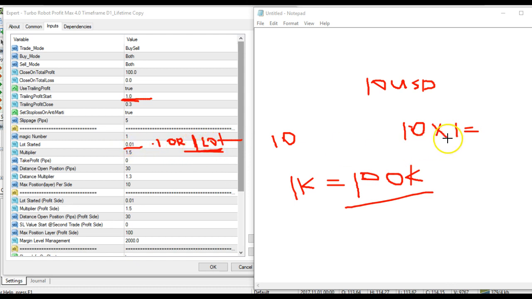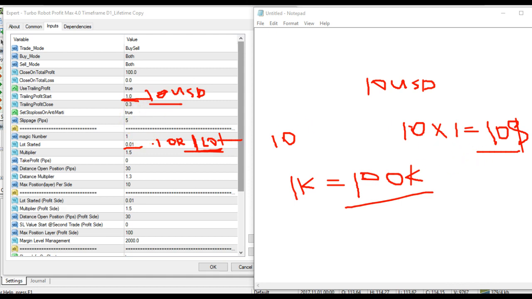So your 10 pips is equivalent to 10 USD. That means you can change it to $10 here. And the moment you reach this value, the robot will close.